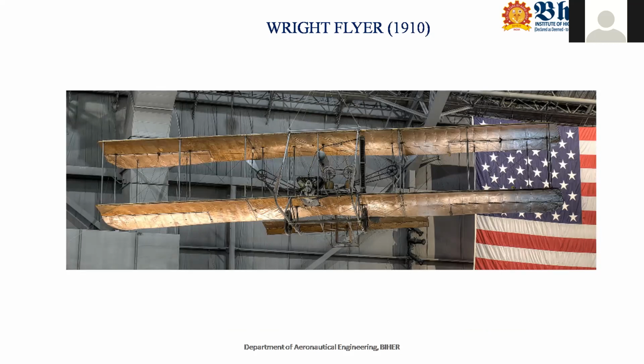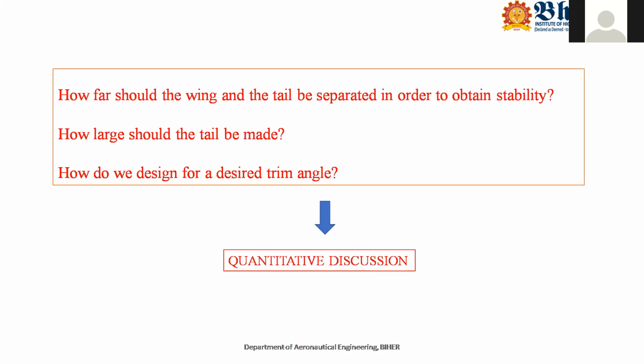So even those personalities analyzed and observed the drawback of the canard wing-tail configuration. That's the reason why in 1910, in their Model B, they located the horizontal stabilizer behind the wing. Yes, of course they are geniuses, right?